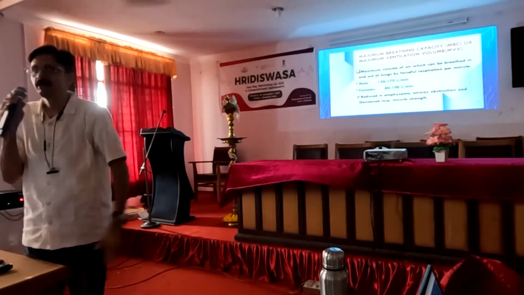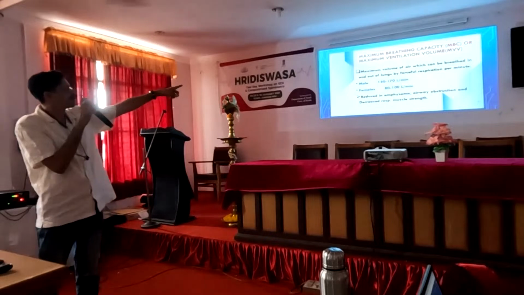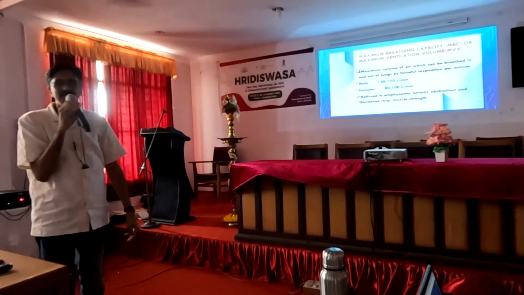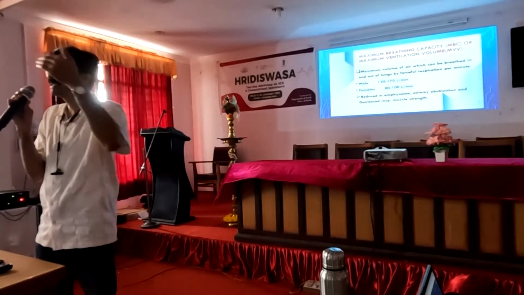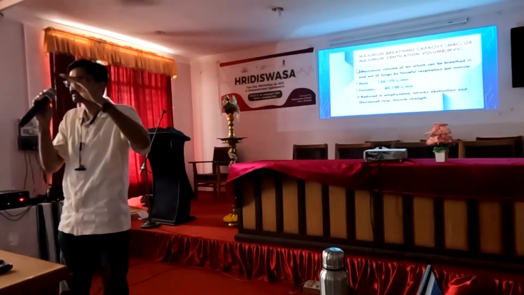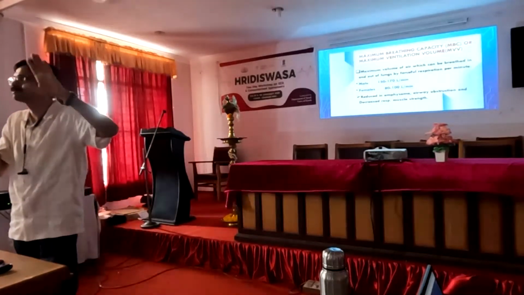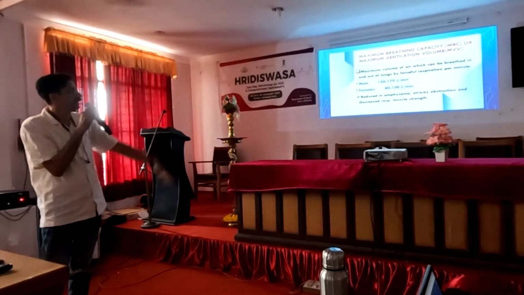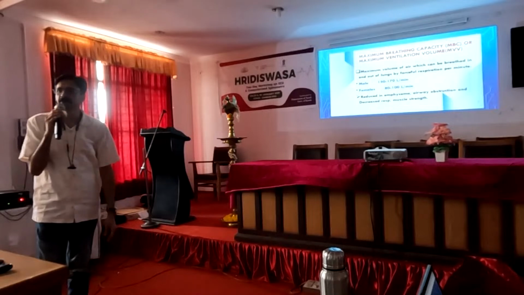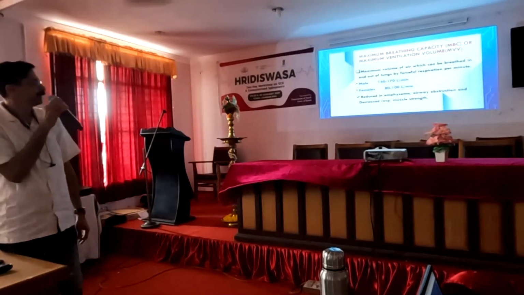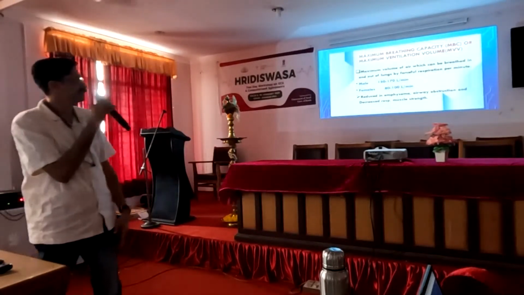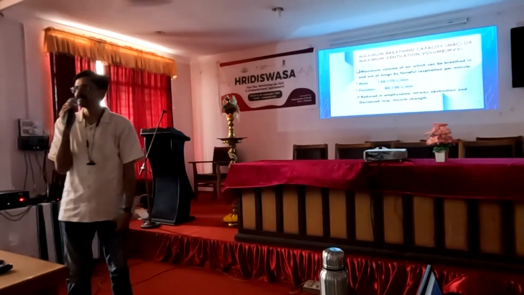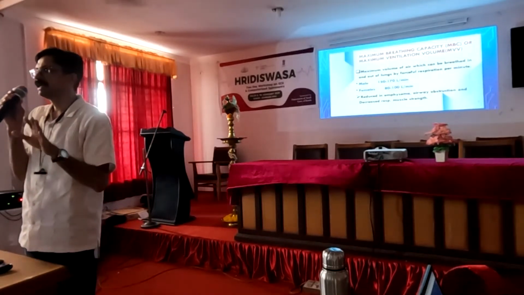In males it is 150 to 170 liters per minute, and in females, since the chest size is smaller, it is reduced, at 80 to 100 liters per minute. It is reduced in emphysema, airway obstruction, and decreased respiratory muscle strength. Clear?